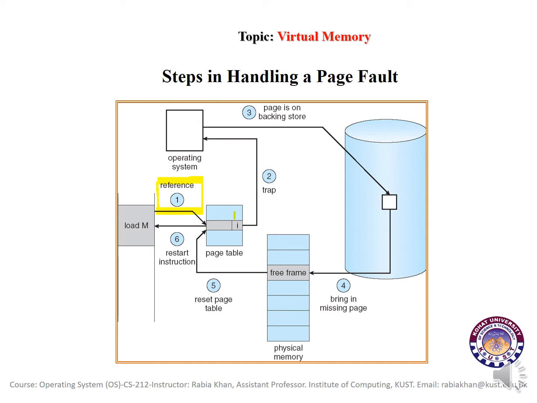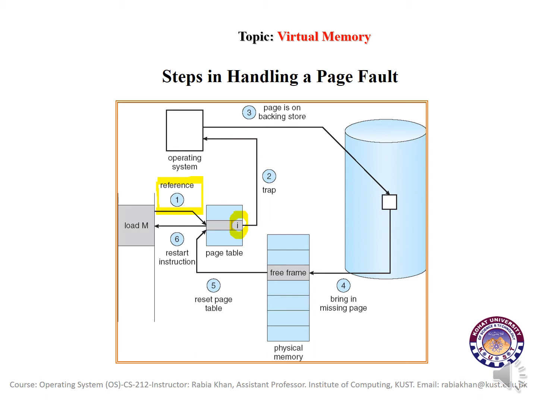The operating system looks at the protection bit. The protection bit of the referenced page within the page table is observed to see if it is a valid page or an invalid page.